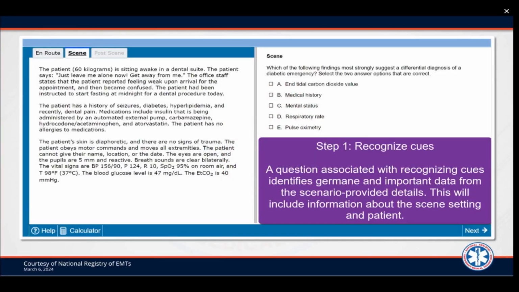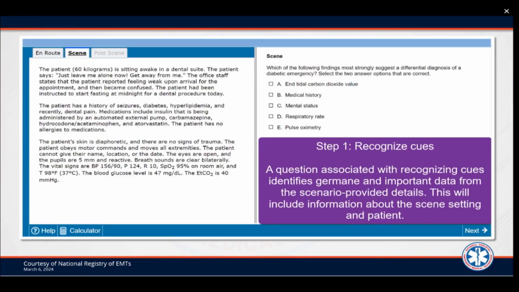So the patient, 60 kilograms, is sitting awake in a dental suite. The patient says, "Just leave me alone now. Get away from me." The office staff states that the patient reported feeling weak upon arrival for the appointment and then became confused. The patient had been instructed to start fasting at midnight for a dental procedure today.